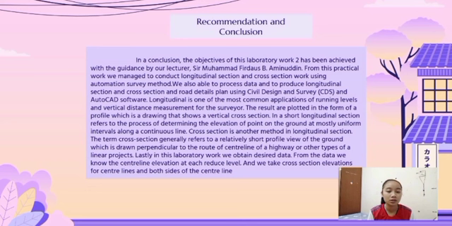Cross-section is another method alongside longitudinal section. The term cross-section generally refers to a relatively short profile view of the ground which is drawn perpendicular to the centerline of a highway or other type of linear project.